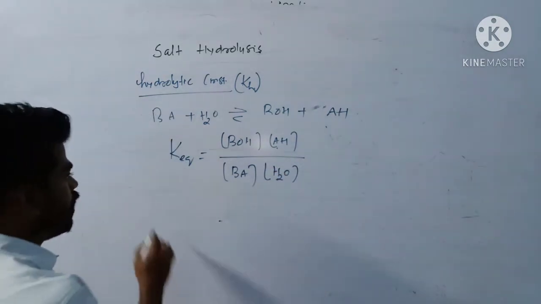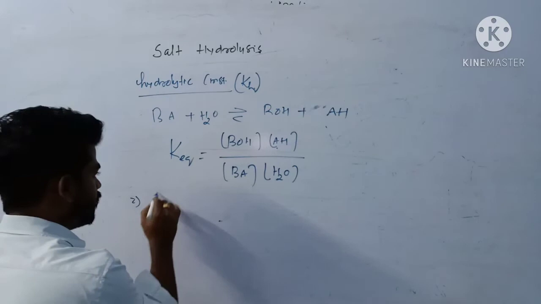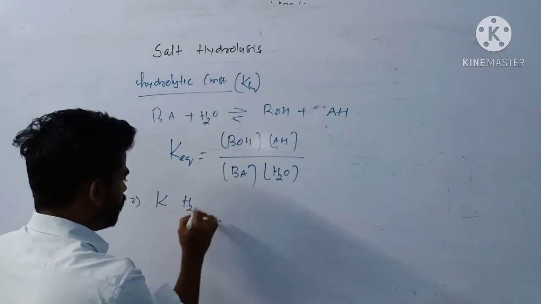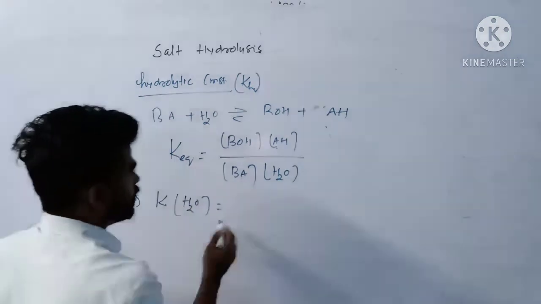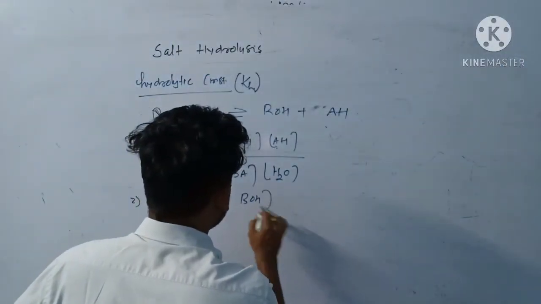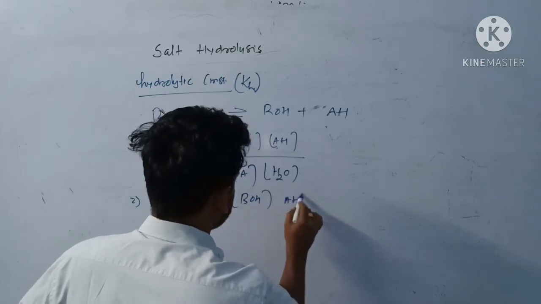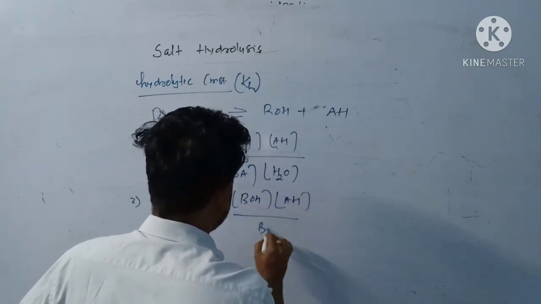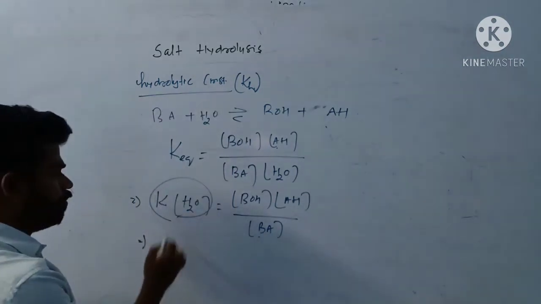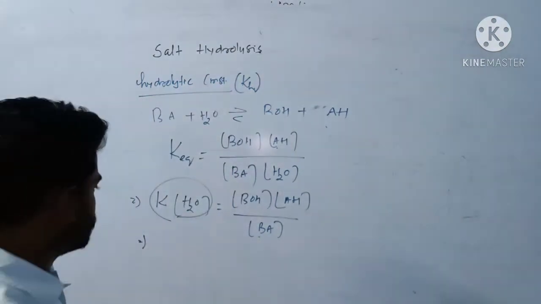Clear? So now this K into the concentration of water is equal to BOH into HA upon BA. You know the concentration of water is always constant.